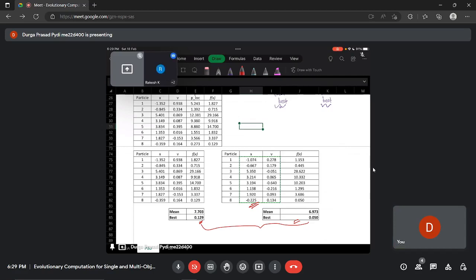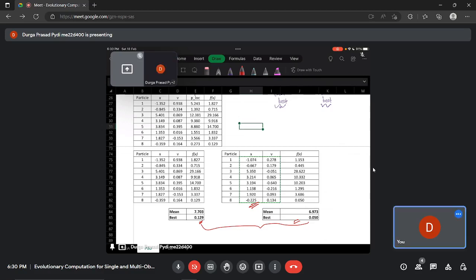Suppose in these particles 1 to 8, it may happen sometimes that only 1 or 2 have very high values and the others are close to 0. I didn't get it.